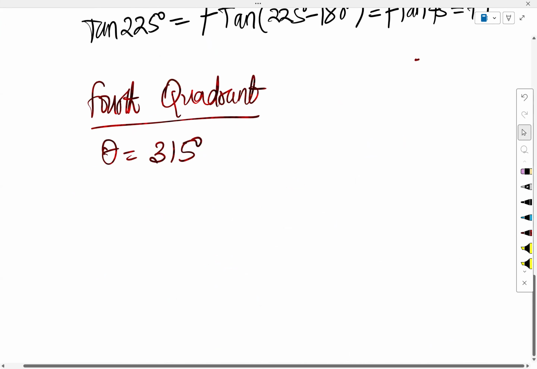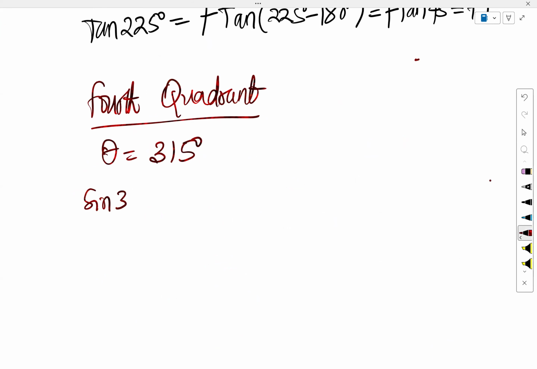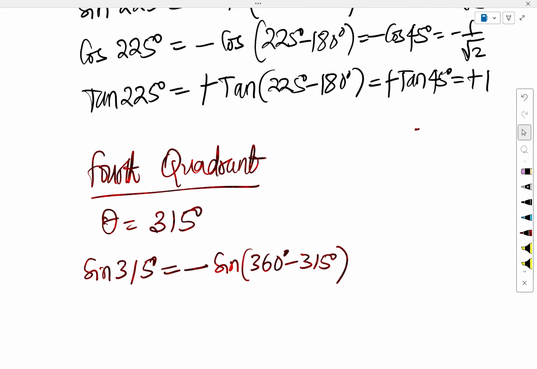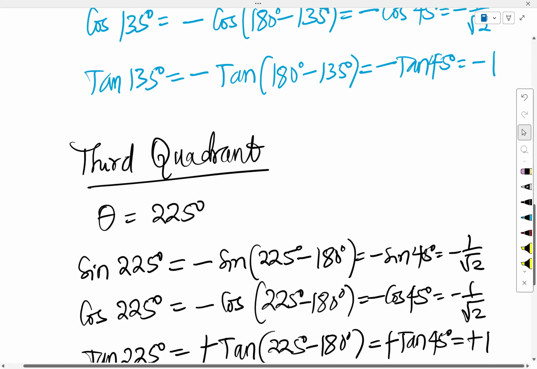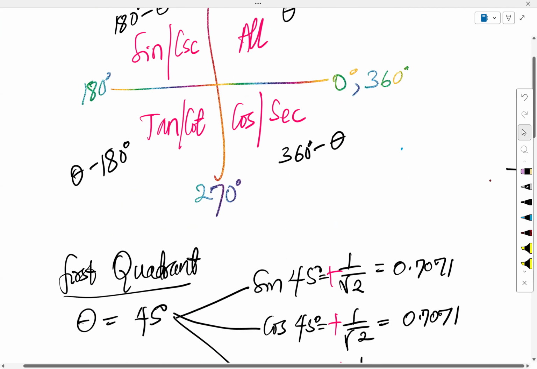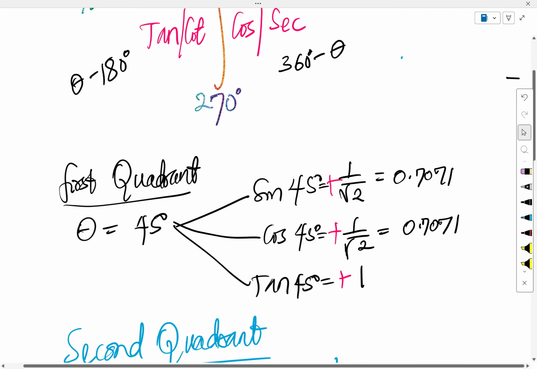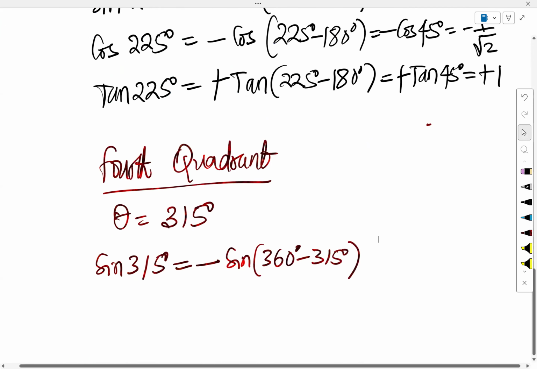You just know that sine 315 degrees is the same thing as minus sine of 360 degrees minus 315. You already see the breakdown. I said in the fourth quadrant, you should have 360 minus whatever theta you are given in that quadrant. So the theta we have here is 315 degrees.